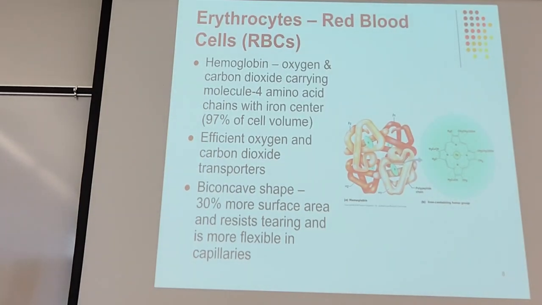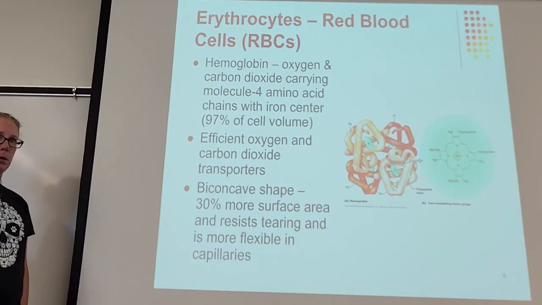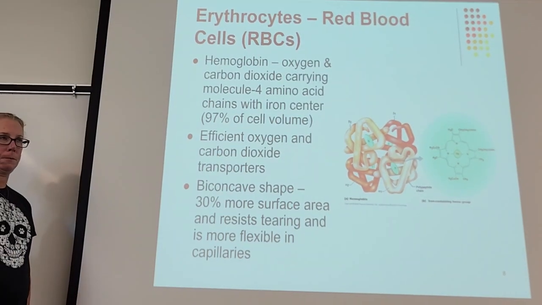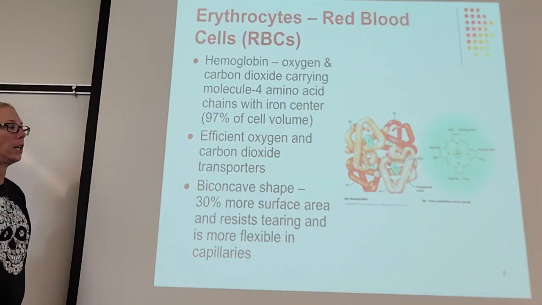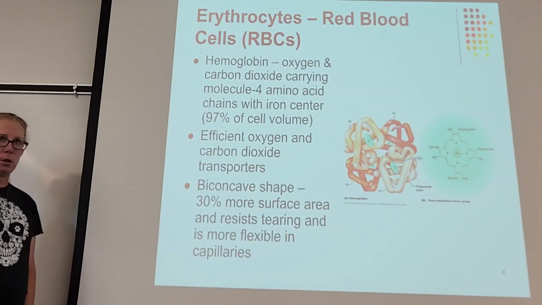Because of this conformational architecture of hemoglobin, one red blood cell, one erythrocyte, can have 250,000 hemoglobin proteins on it. And each of the 4 units can carry an oxygen molecule.